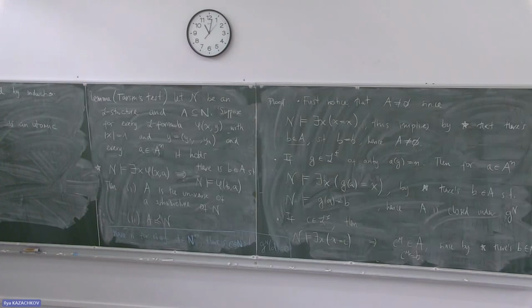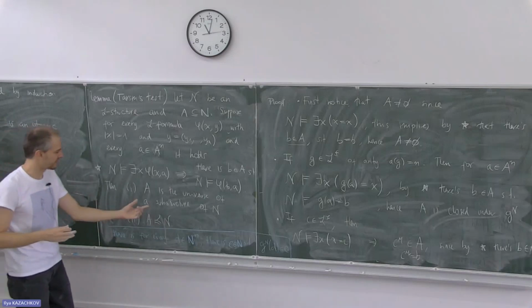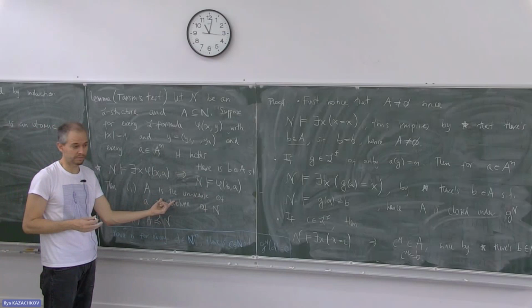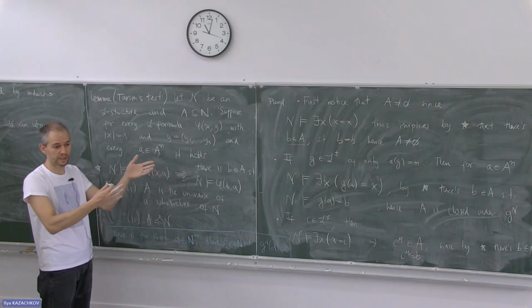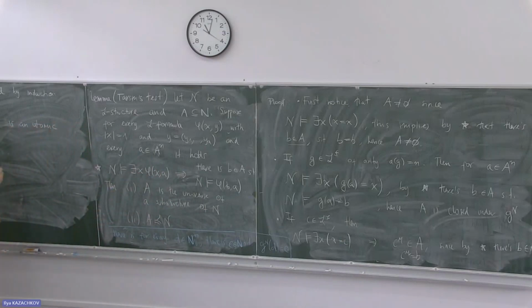And this was part of our lemma. We showed that any quantifier-free formula is preserved if I have an L embedding. And being a substructure is the fact that the inclusion is an L embedding. So this follows from our lemma.